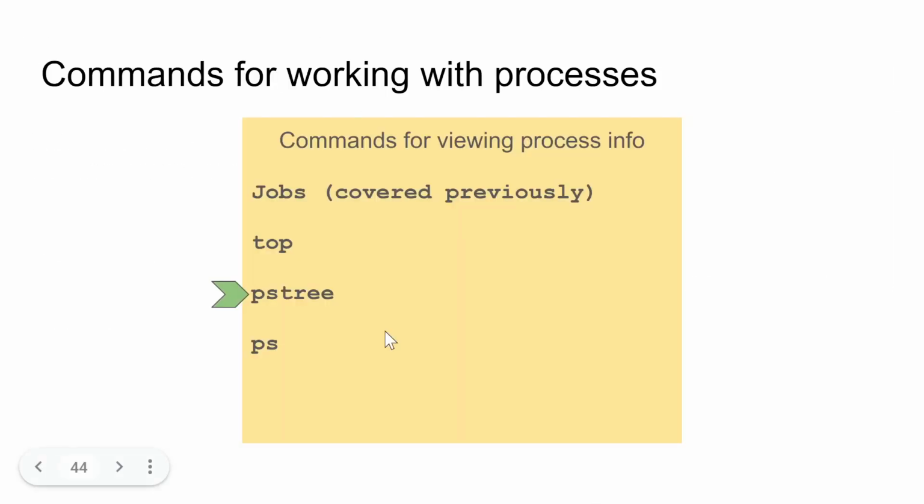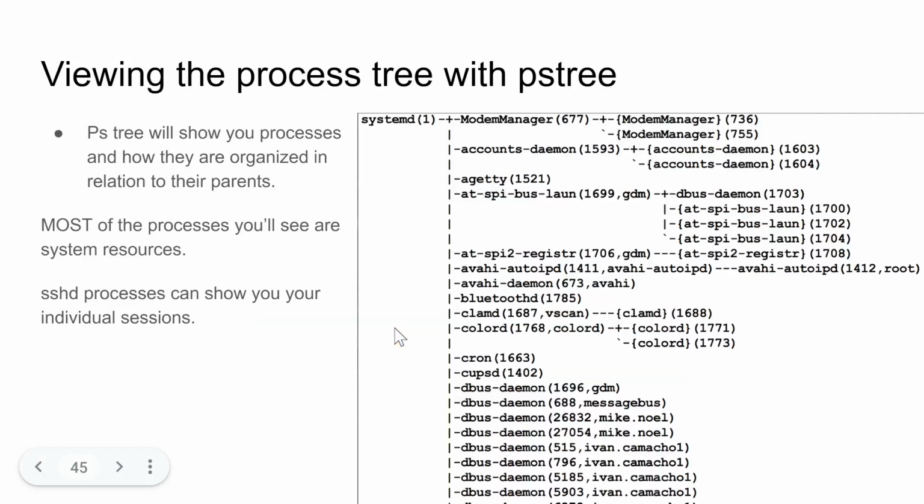Next command is pstree, which is kind of interesting. If you type pstree, it will show you parent and child processes somewhat visually on your system. If I type pstree, I'll get something that looks very much like this diagram, this ASCII tree at the right here. So the root node is called systemd.